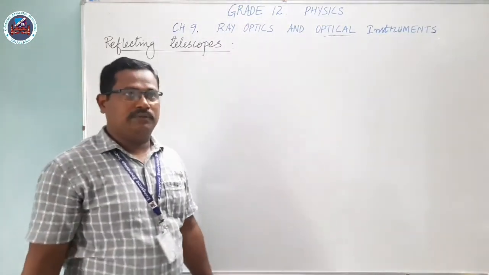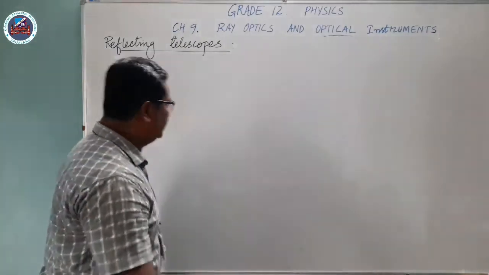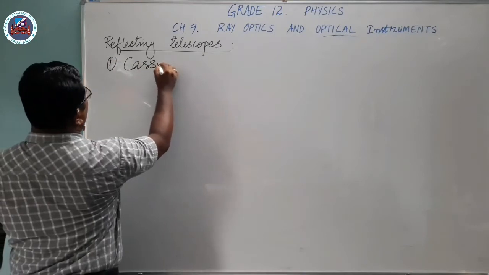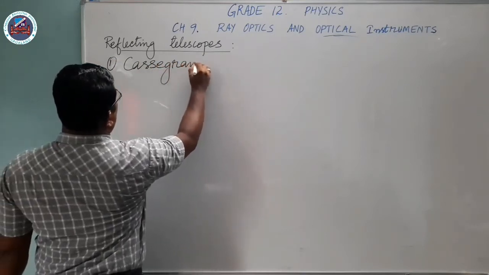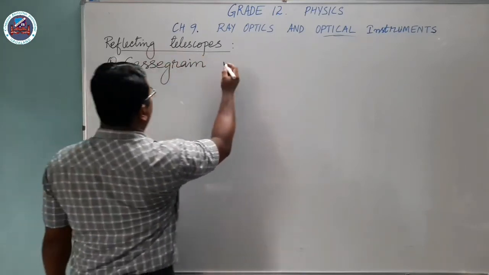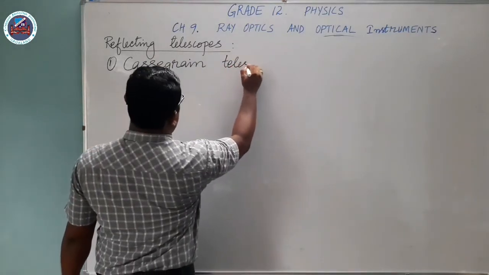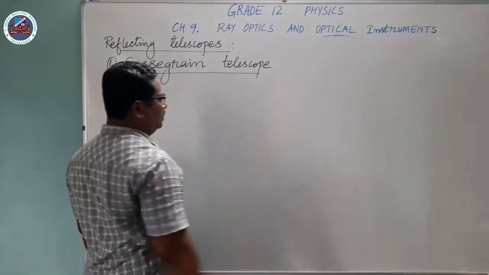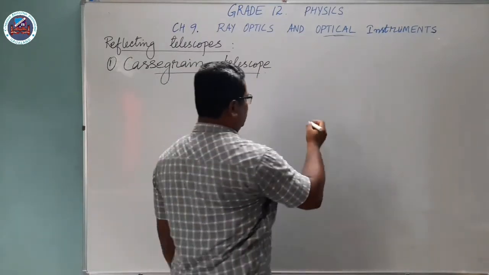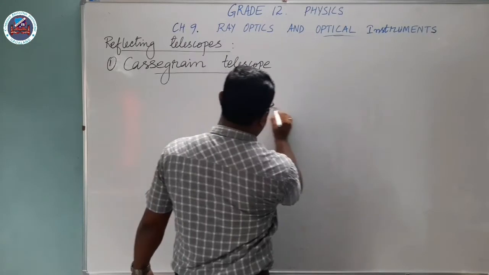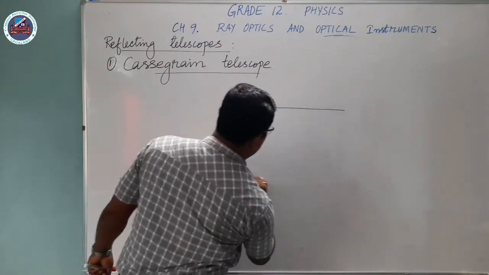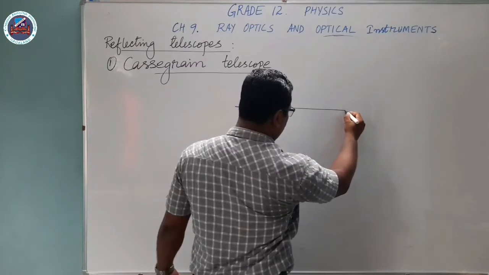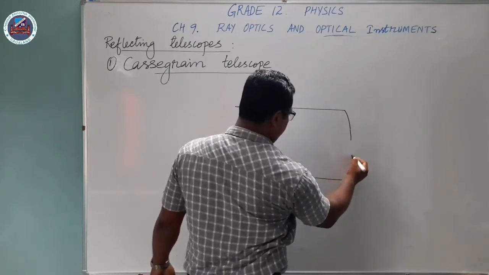The first reflecting telescope that we are going to study is the Cassegrain telescope. It's named after the person who made the telescope. In the Cassegrain telescope, he used a tube-type structure like this, and at this end he used a parabolic mirror.